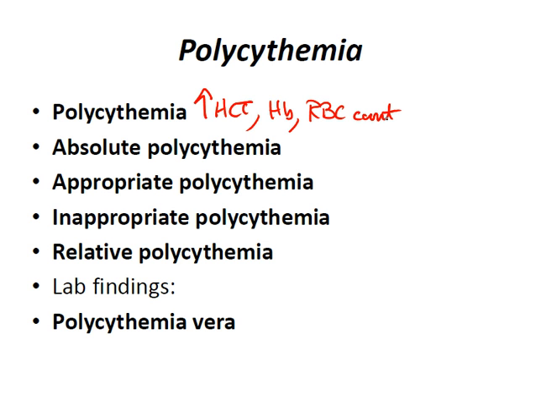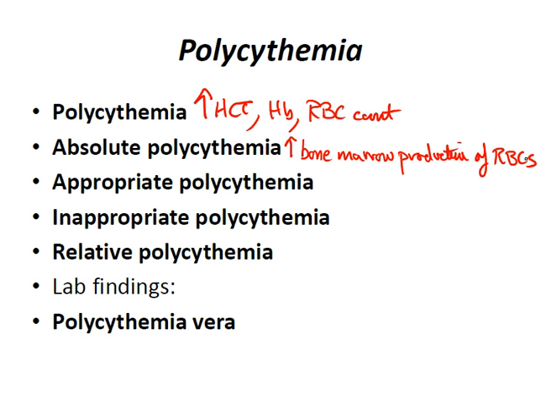Now, what is an absolute polycythemia? An absolute polycythemia is an increase in bone marrow production of RBCs.